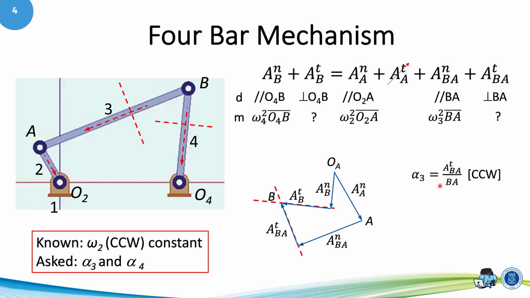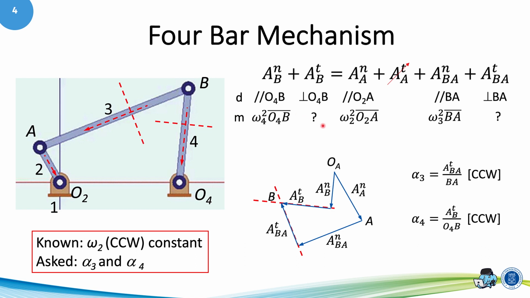The direction of ABA tangential is going up. So in link number 3, you put the vector ABA tangential at point B, and then point A is the center of the rotation. It means that the direction of rotation of the line AB is counterclockwise.